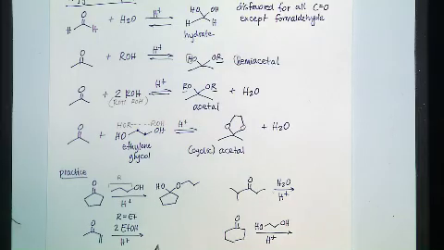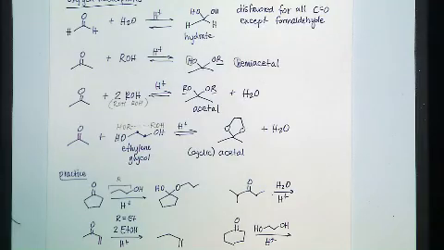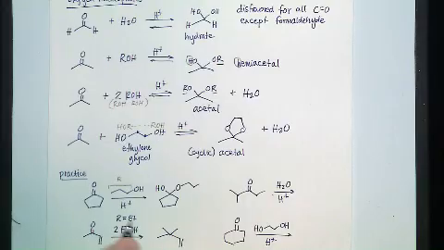Okay, so first step is to just draw the molecule without the ketone. And we're going to make an acetal. Okay, so that means on this carbon where the ketone was, we're going to have 2 OR groups.